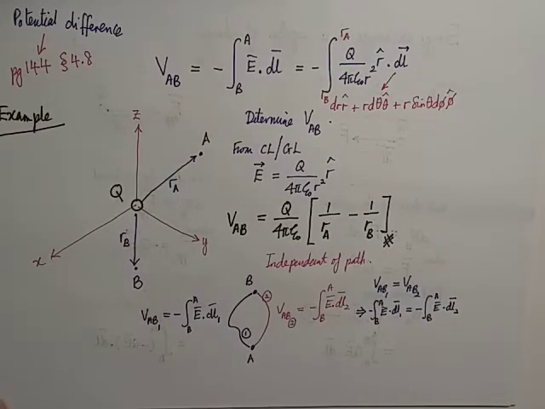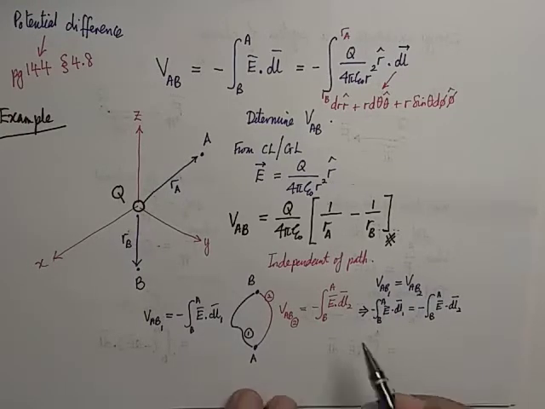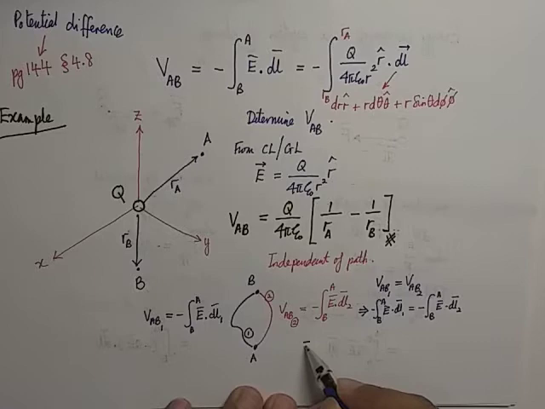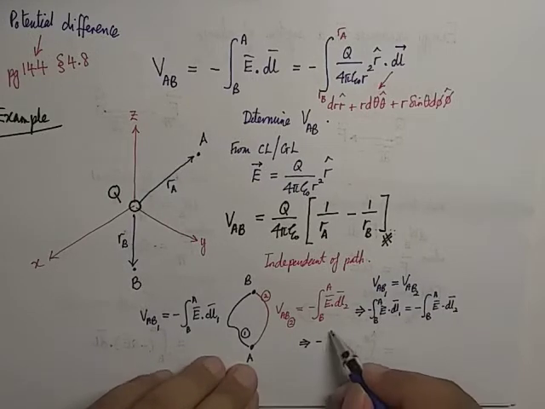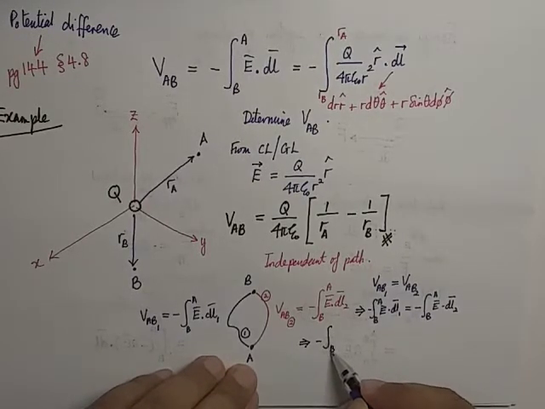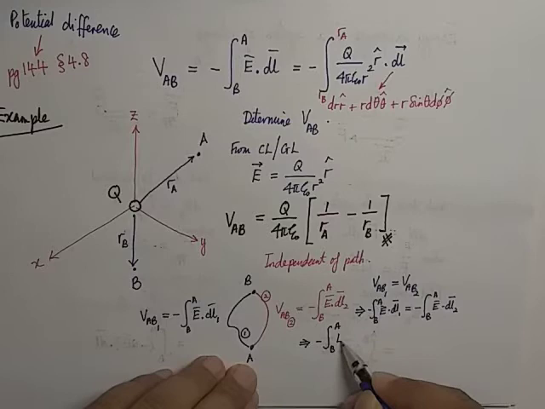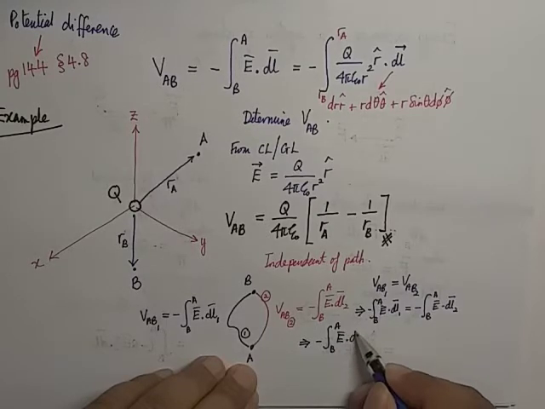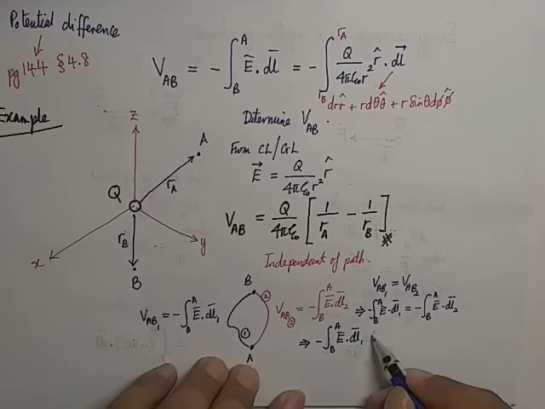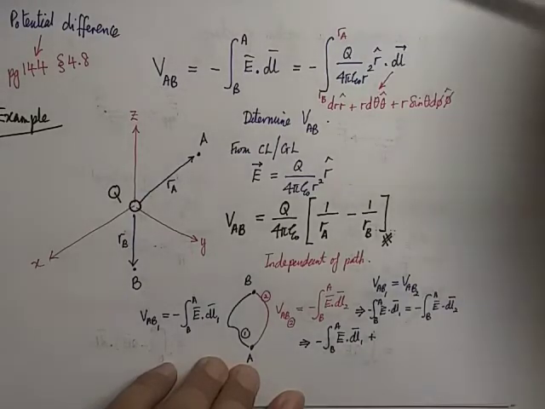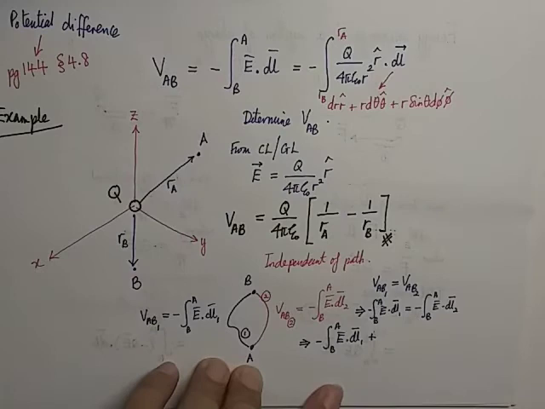Okay, so if I move the second term to the left, what am I going to have then? I'm going to have now negative integration from B to A E dot dl number 1, and then it should be plus, okay, and then what should it be now?